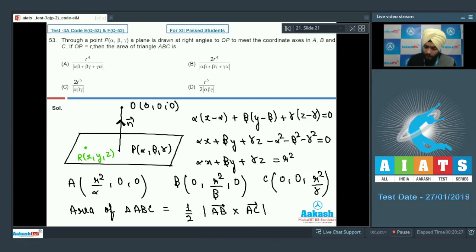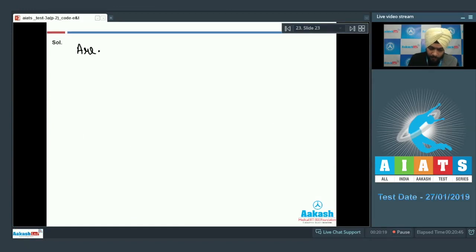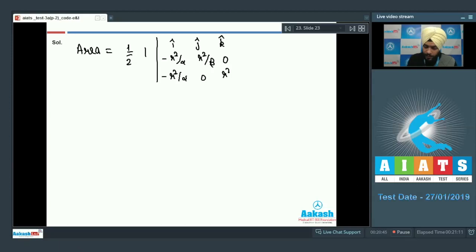So let us write down the expression AB vector cross AC vector. So area will be 1 by 2 the magnitude of AB vector, that is B vector minus A vector: i cap, j cap, k cap; AB vector: minus r square upon alpha, r square upon beta, 0; AC vector: minus r square upon alpha, 0, r square upon gamma.